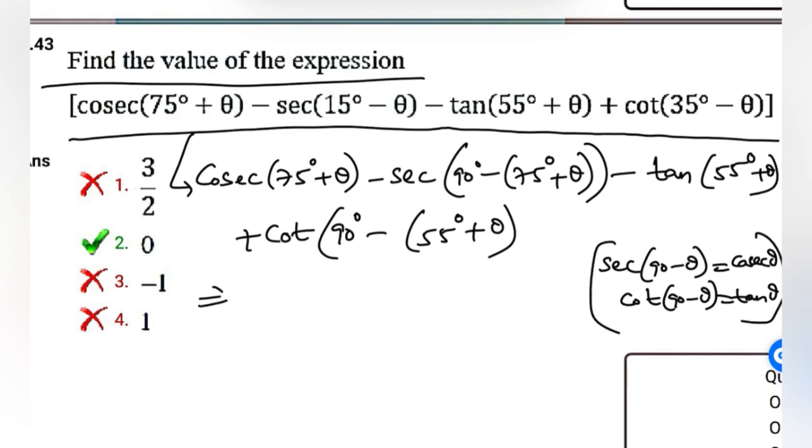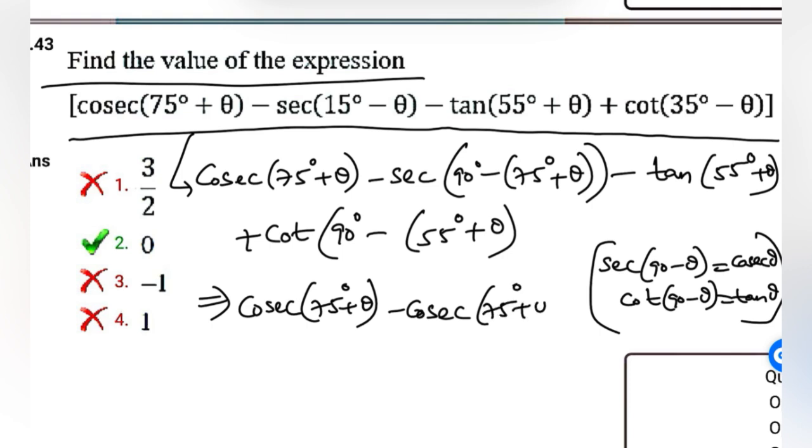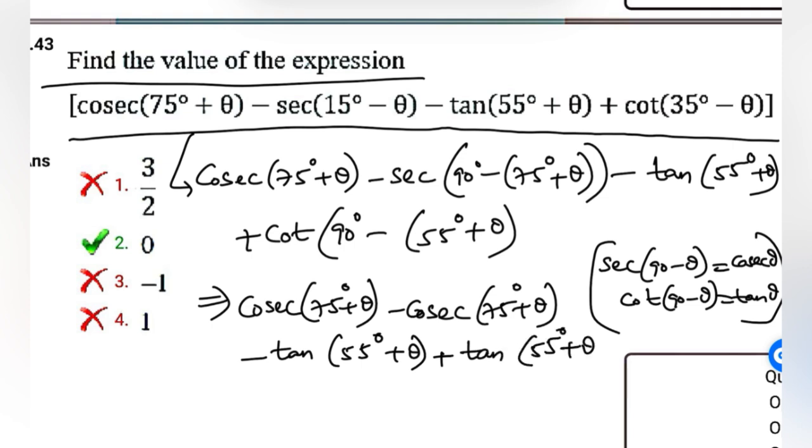So the above equation implies cosecant 75 degrees plus theta minus cosecant 75 degrees plus theta minus tan 55 degrees plus theta plus tan 55 degrees plus theta. Here positive and negative values will get cancelled and the answer is 0.